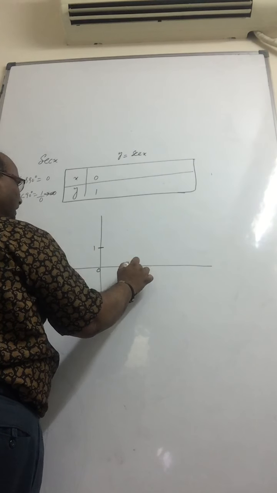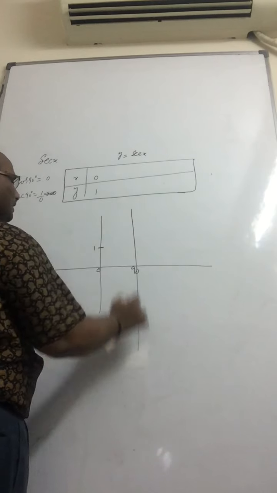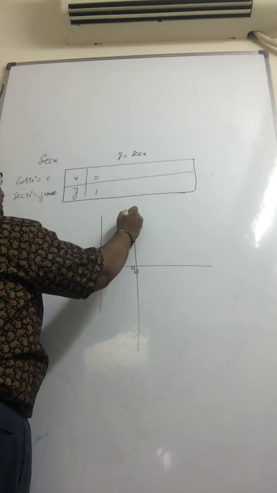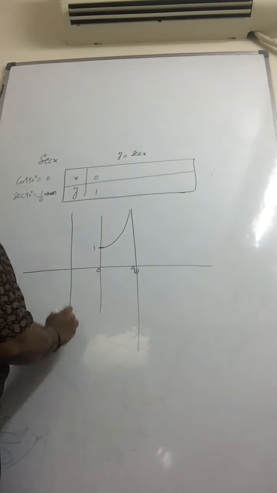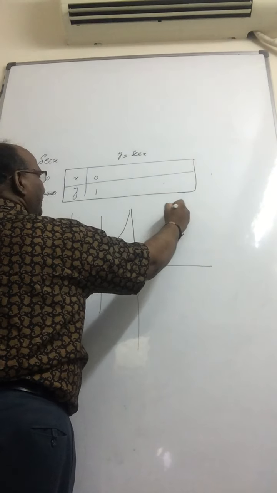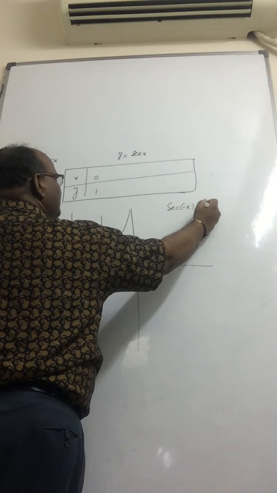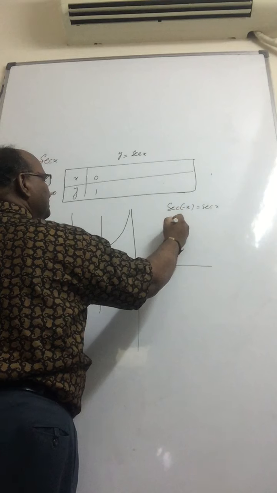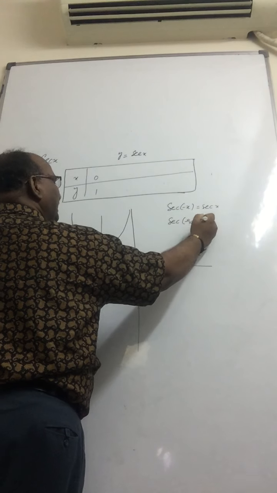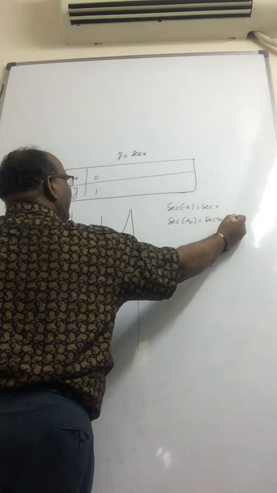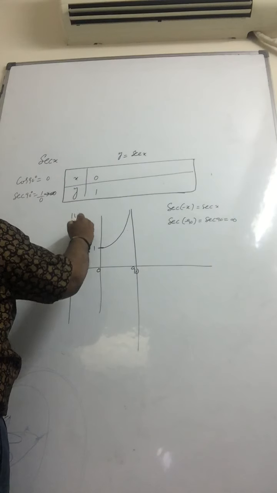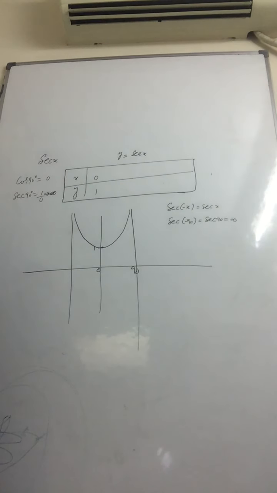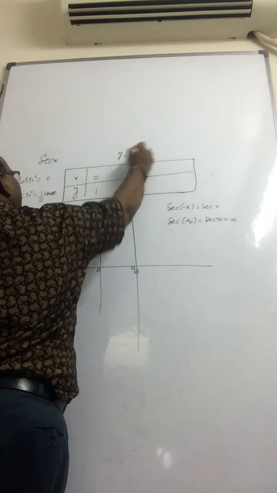So here at secant 90, it approaches infinity. Secant of minus x is secant x. Secant minus 90 is again secant 90, so again it approaches infinity. This is the graph for minus 90, secant x degrees.